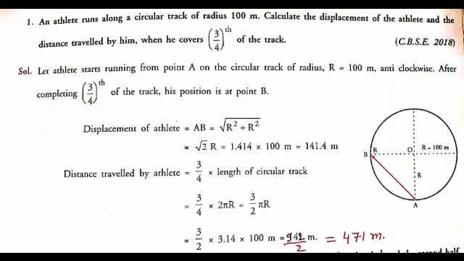Putting the values, 3/2 into 3.14. 3.14 we have used for the value of pi. This is also an approx value, into 100 meter. So after calculation, I have 942 divided by 2 meter, which gives 471 meter. Here the calculation in the book was given wrong, so I have done it for you.